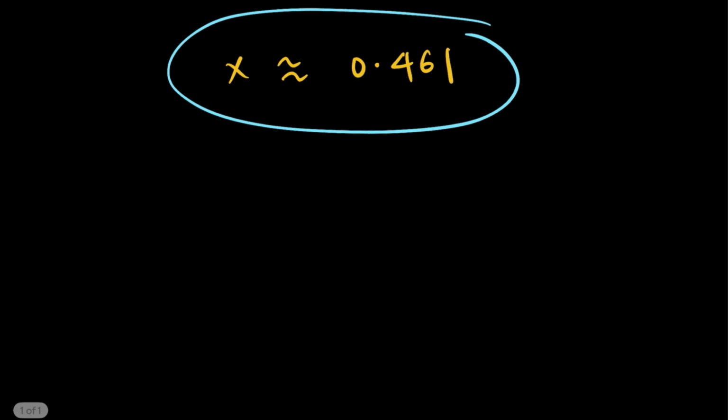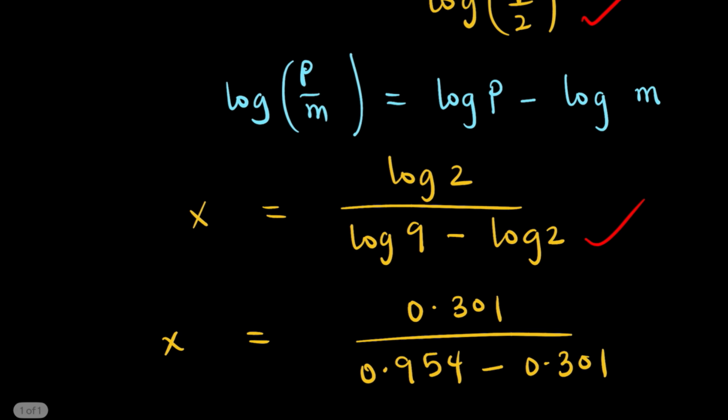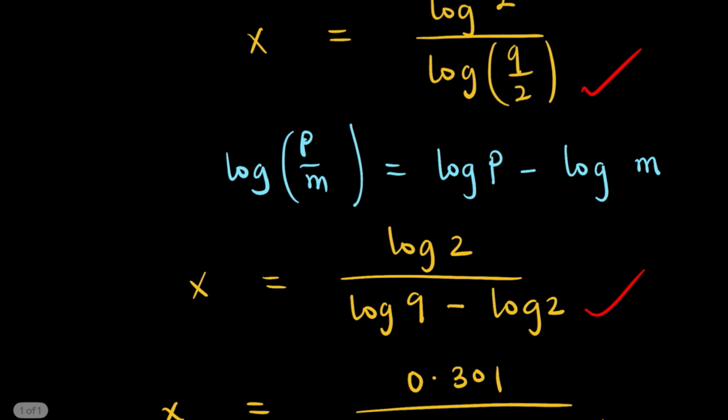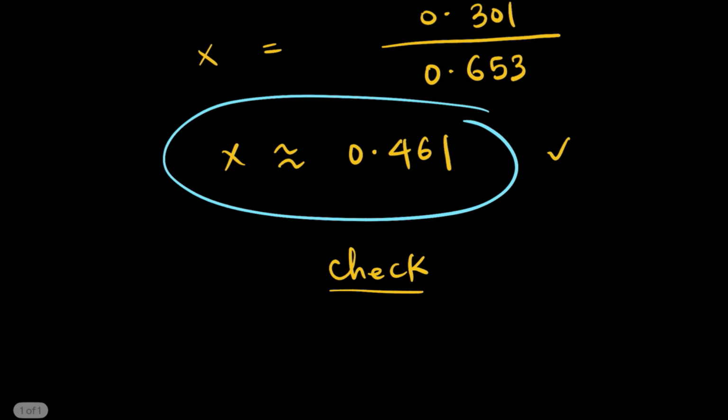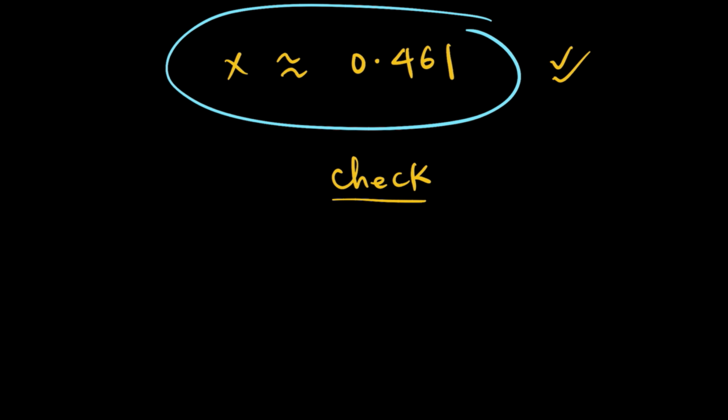We can do a quick check to confirm that our solution is correct. We can check with this approximate value or either one of these two other values. Let us check with the approximate value. We are given 2 raised to power x plus 1 minus 3 raised to power 2x is equal to 0.